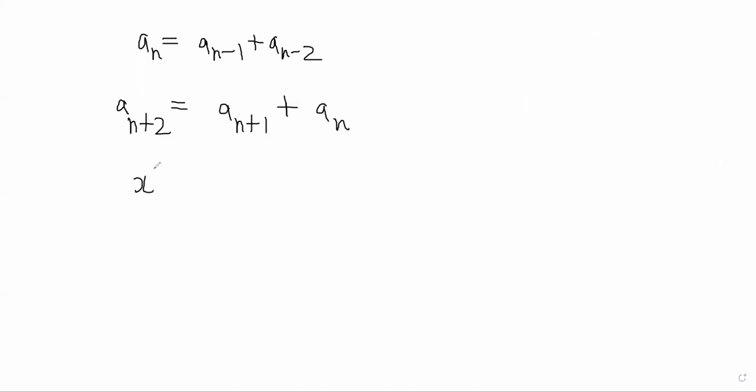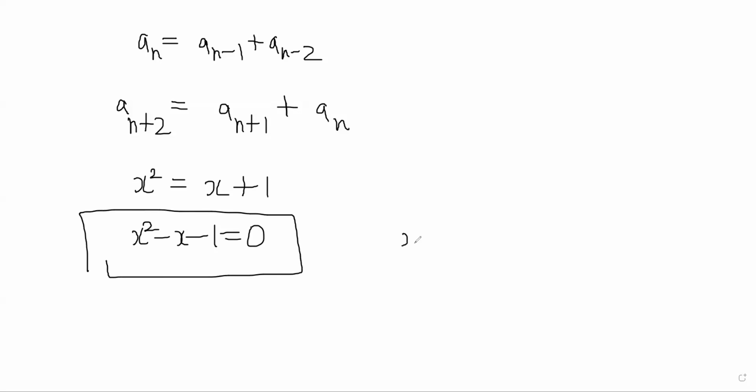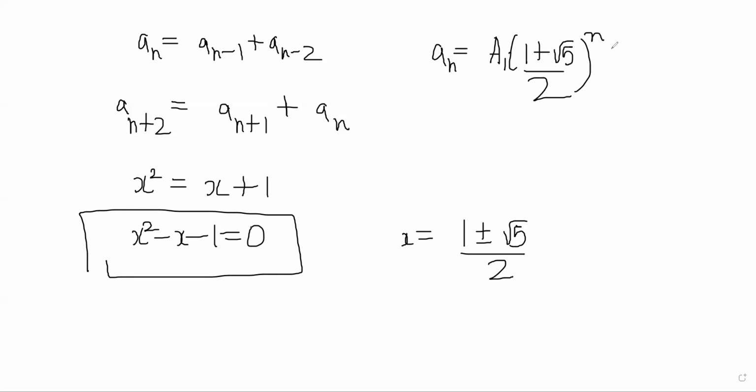And the characteristic equation becomes x squared equals x plus 1, so x squared minus x minus 1 equals 0. You will get two roots here: x equals (1 plus or minus root 5) by 2. So the general solution of this recurrence would be A(n) equals a1 times ((1 plus root 5) by 2) to the power n plus a2 times ((1 minus root 5) by 2) to the power n.